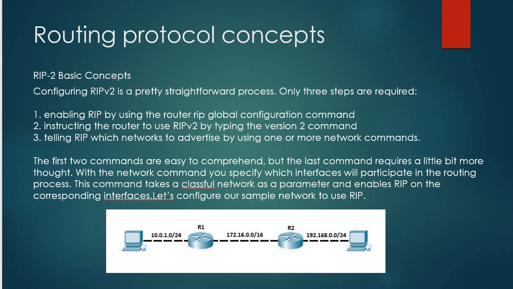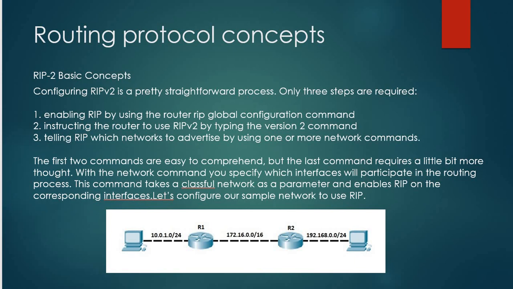To configure those things, number one, enable RIP by using the router rip global configuration command. Instruct the routers to use RIP version 2 by typing the version 2 command, and tell RIP which networks to advertise by using one or more network commands.